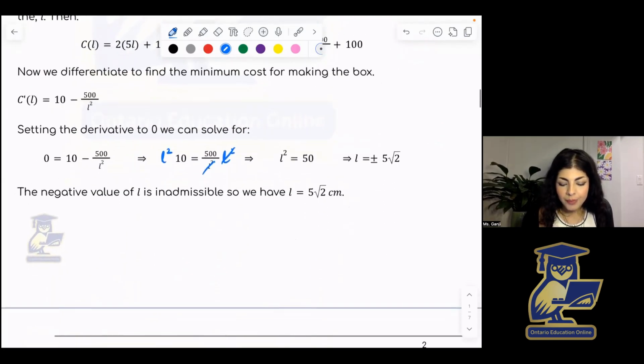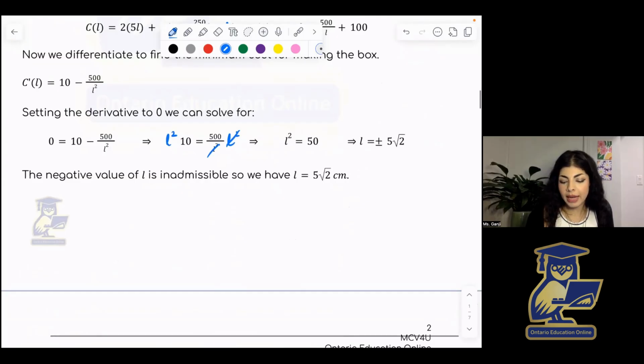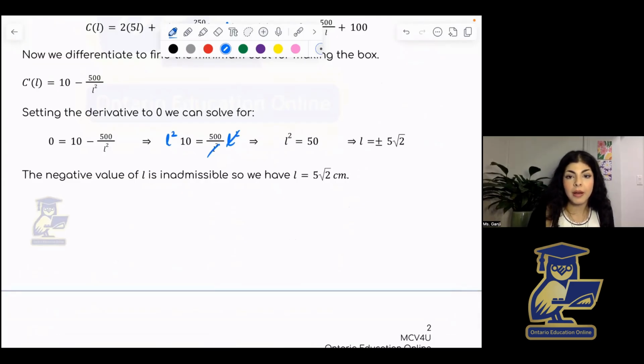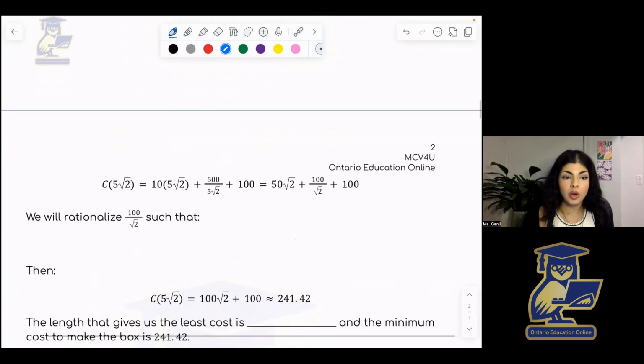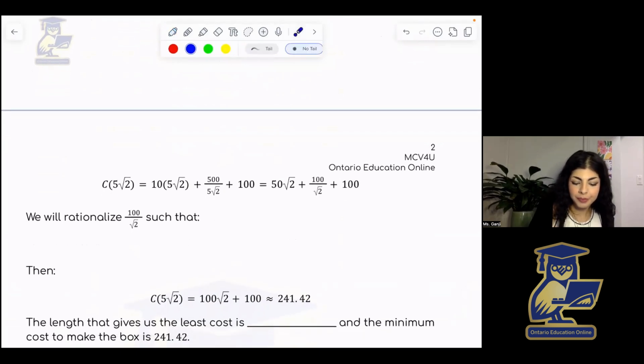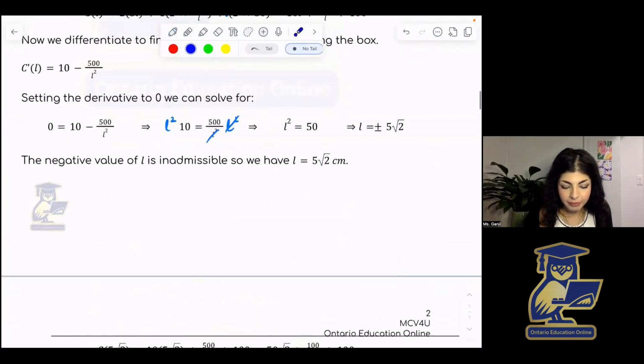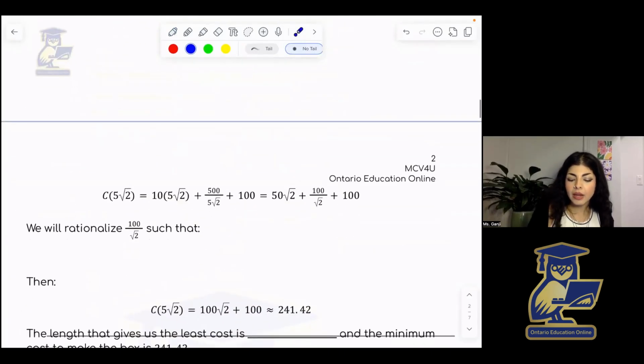And so now, using the value that we can use, which is positive 5 square root of 2, we find what the cost will be at this point. And so the cost here, we're just evaluating using our expression for C of L. And we end up with this value, and we will actually rationalize this to be able to solve it.